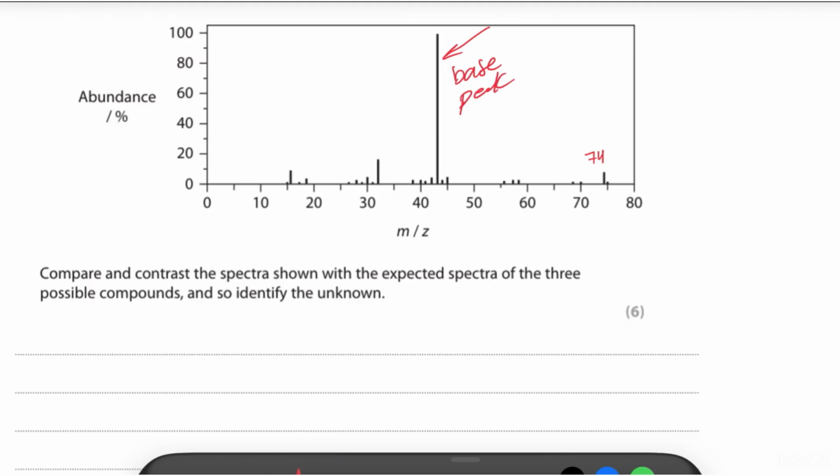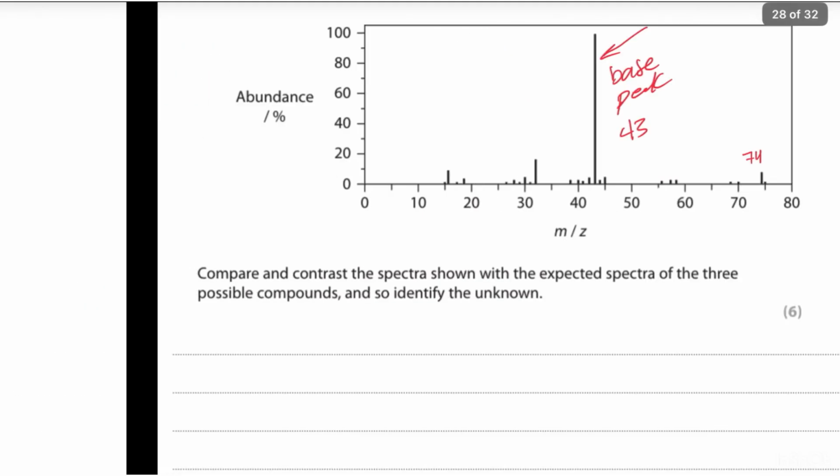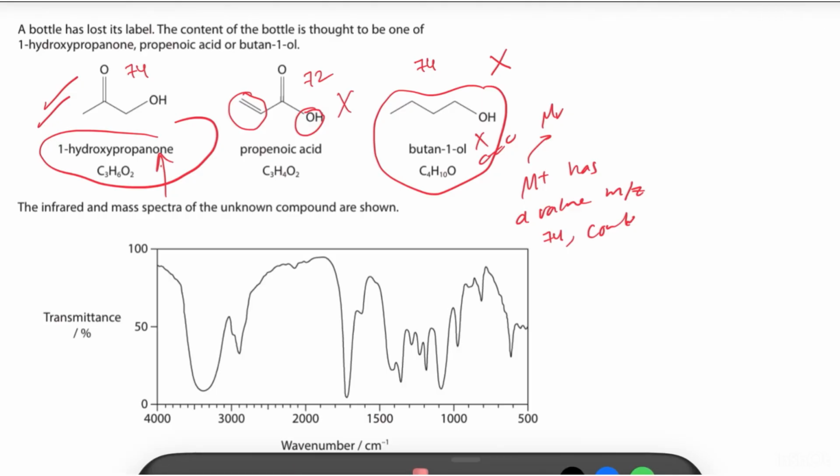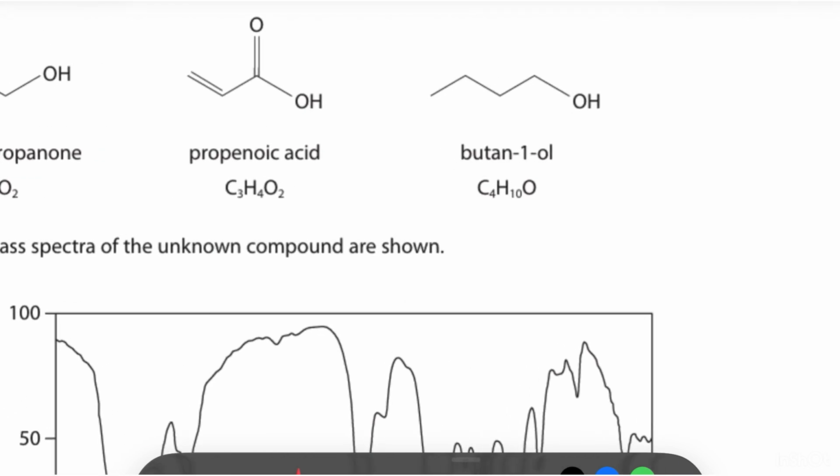It has a mass of 43, as we can see. Which of these compounds has a probability of having this peak? If we have a fragment from these first three carbons, C3H7+, it has a molar mass of 43, so it's a possible compound.